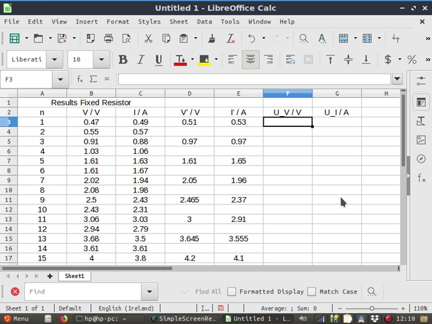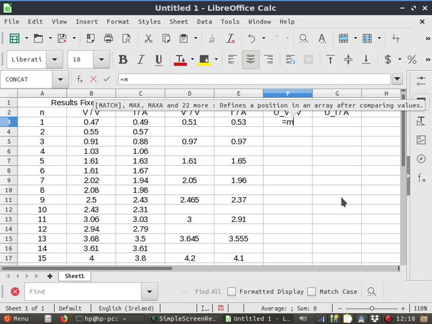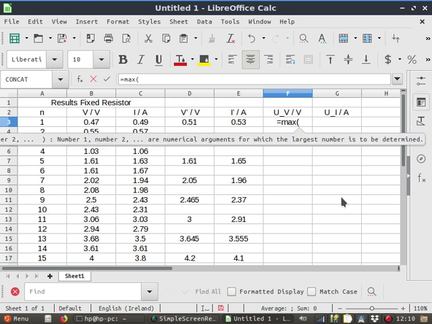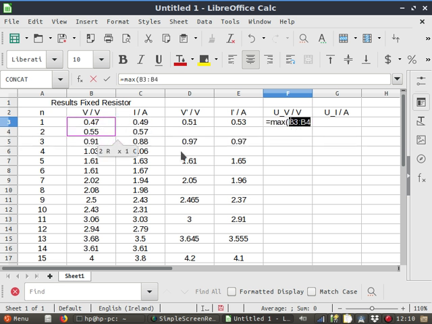Okay. Ready? Now watch, this is harder. Watch carefully. Equals max, bracket, and then highlight these two. You know what I mean? Let me show you again.